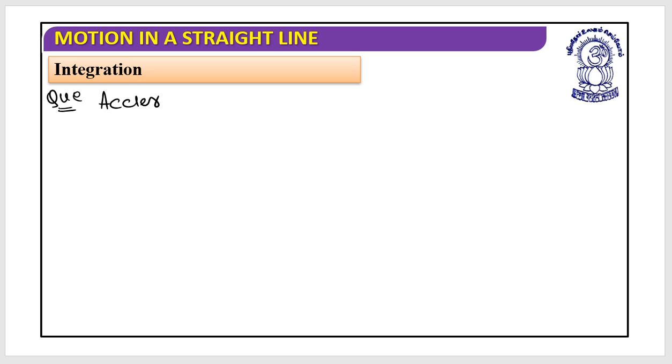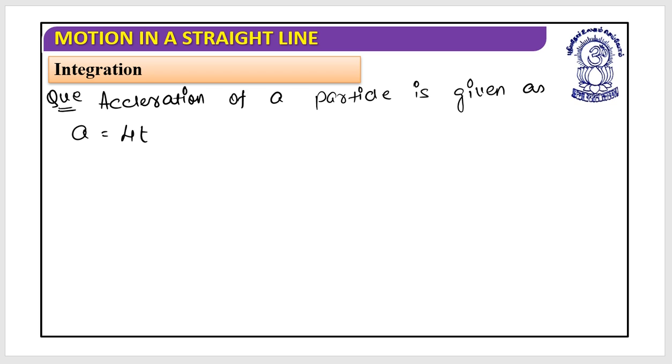They said that the acceleration of a particle is given as a = 4t + 3 meter per second square.